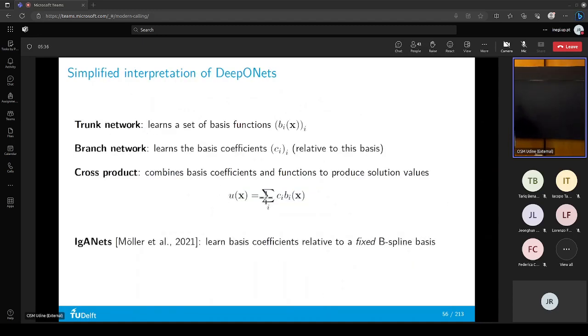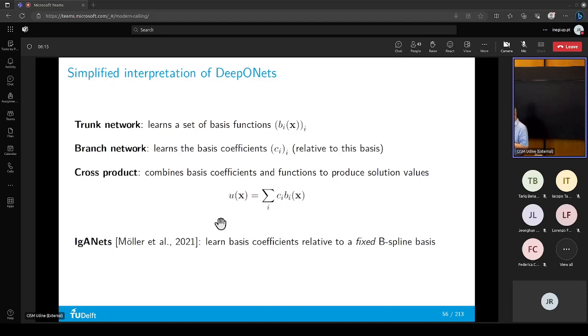The only thing I want to advertise already now, because it will be in the third part, is that we do exactly the same but differently in IGA nets. What is the same, what is different? The idea that we have a basis in which we want the network to predict the coefficients, we stick to that. Only we do not learn the basis, because in IGA we already have a good basis. Or maybe that sounds too provocative.